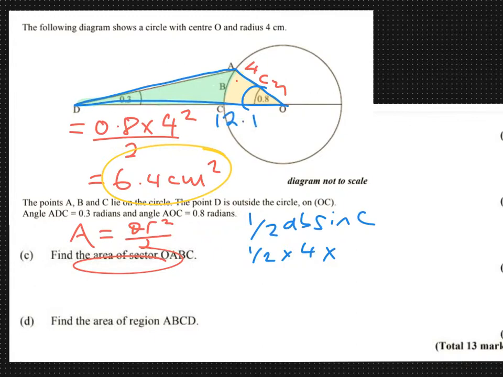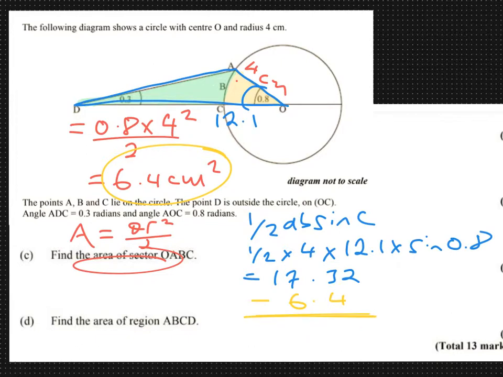So we can have half times 4 times 12.1 times sine 0.8 in radians, which is going to give us an area for the triangle of 17.32. So if we then subtract the yellow area which we had, which was 6.4, the area shaded green will then be 10.9 centimetres squared.